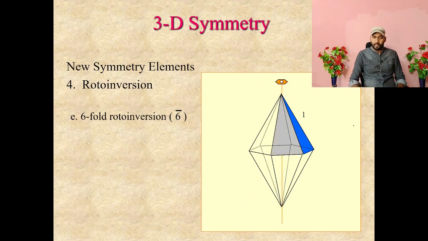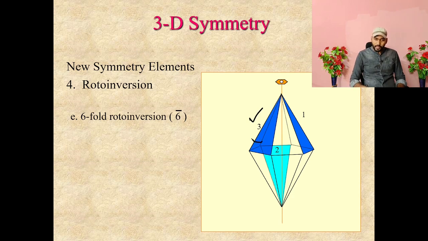Now again we rotate 60 degrees. This is F3 dash, and then we invert, it will come here as F3.